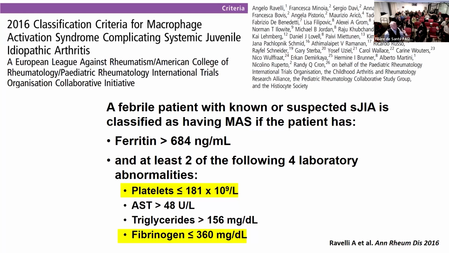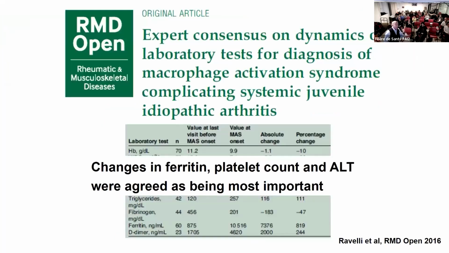And indeed, in the statistical work that led to this consensus criteria in 2016, there was some work on the trends over time. And if you want to be an experienced clinician in early diagnosis of MAS, which does make a difference in terms of outcome, you want to look at the changes over time in ferritin, so do it again.